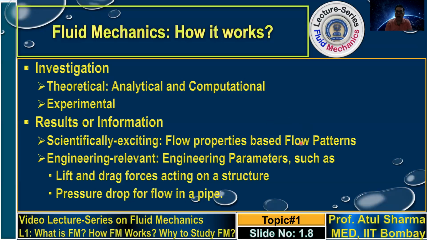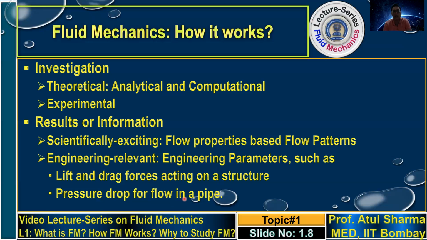And this flow pattern is the cause of the engineering relevant information. The engineering relevant information corresponds to the engineering parameters, such as lift force and drag force acting on a structure, and pressure drop for flow in a pipe.